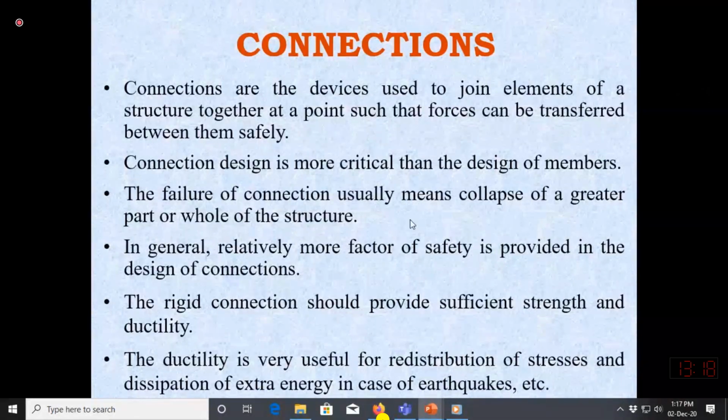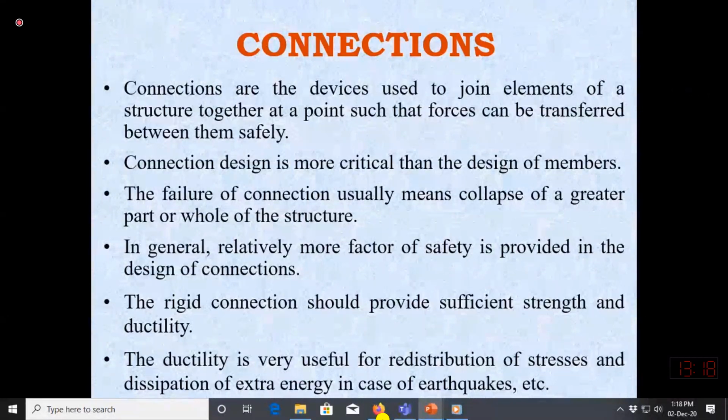When we talk about the design, for example, if we are opting for the fastener type, then design means how many fasteners, meaning how many rivets or bolts, are required, and what would be the diameter of the rivet or bolt to safely transfer the force from member to the gusset plate. So we are interested in computing the diameter of the rivets and the number of rivets required to transfer the force from one member to the other member.